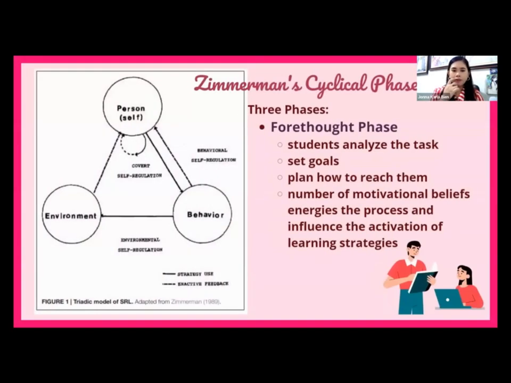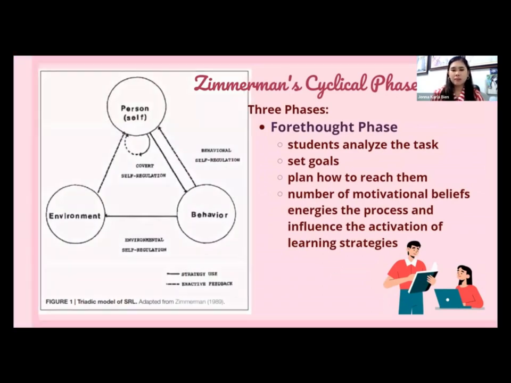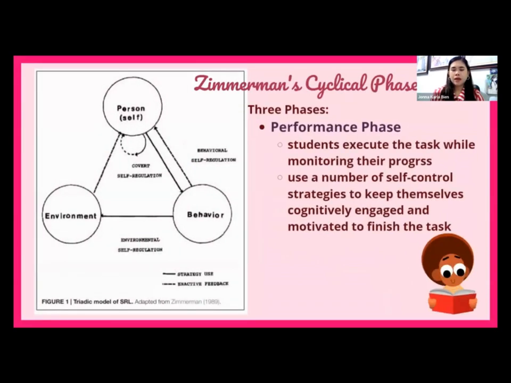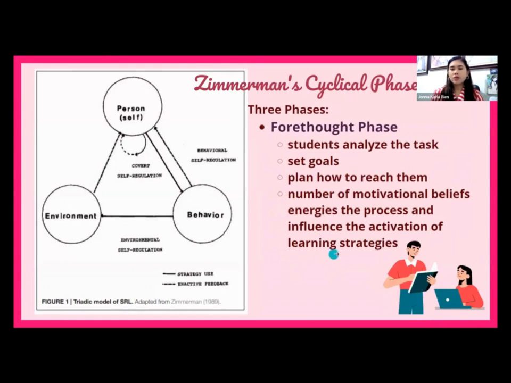After which, we also have the three phases pertaining to Zimmerman's cyclical phases model. As you could see here, the first one refers to the forethought, wherein the students analyze the task, set goals, plan how to reach them, and there are a number of motivational beliefs that influence the activation of learning strategies.